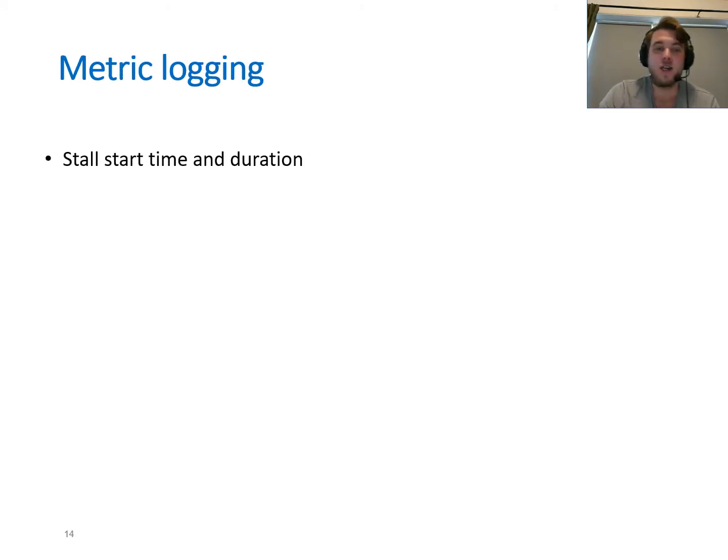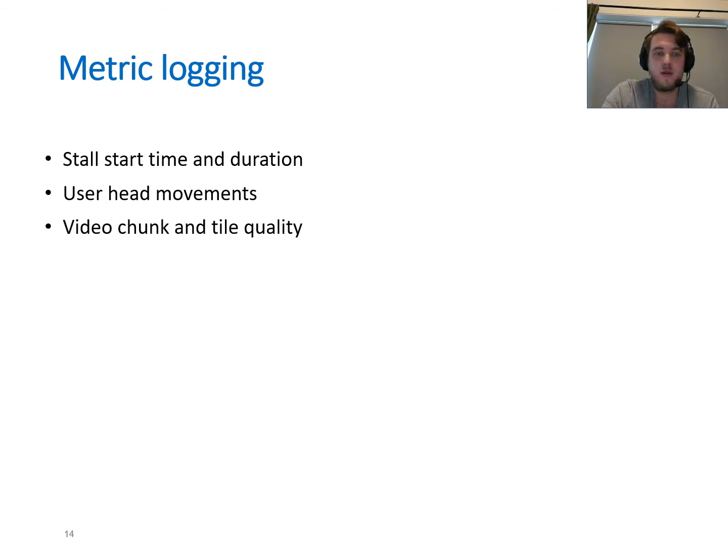The metric logging logs several things. First and foremost, the stall start time. If a stall event occurs, it logs when it starts and for how long the stall was. The user head movements are recorded as well, and the video chunk and tile quality, so what chunk is requested by the requester.